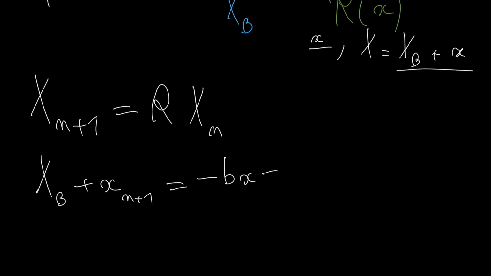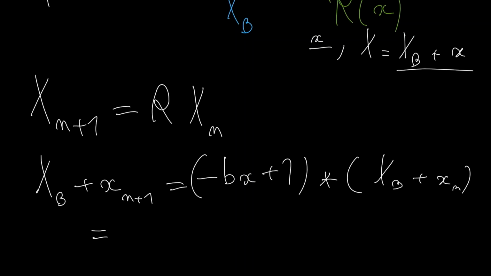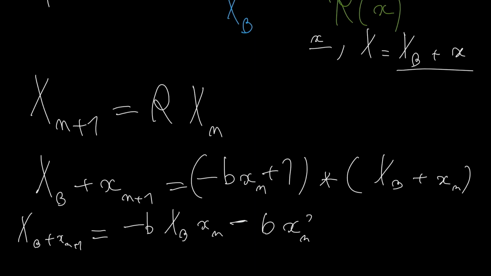r is equal to minus b x plus 1, times xb plus small xn. And now we just develop this equation further. We get that xb plus xn plus 1 equals minus b xb xn, sorry, this should be xn, minus b xn squared plus xb plus small xn.